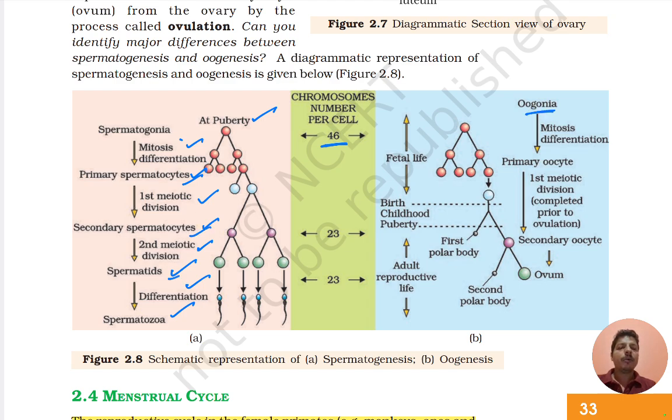Here oogonia, mitosis, differentiation, primary oocyte during fetal life. Then the first meiotic division is completed prior to ovulation. Here the birth occurs, childhood and puberty, and at puberty the secondary oocyte is formed and the first polar body is there. And then the ovum, secondary polar body. It's the adult reproductive life stage.